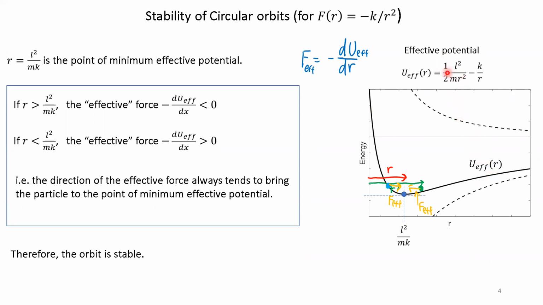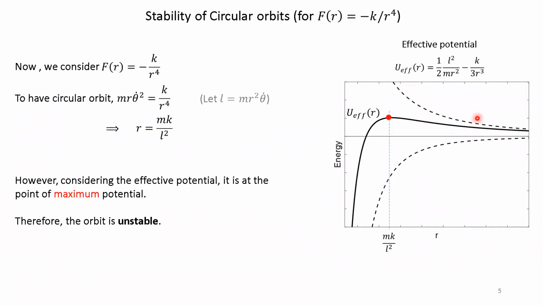The first term is the centrifugal term, this one, and the second term is the real potential term, which is this curve over here. The first term always looks the same, which is this top dashed line over here. But the difference is now the second term, the real potential. If your force goes like 1 over r to the fourth, then your potential must go like 1 over r cubed. So here you can see that.